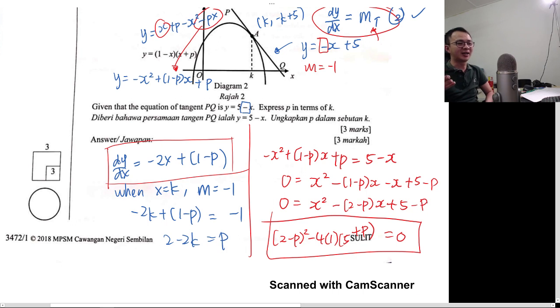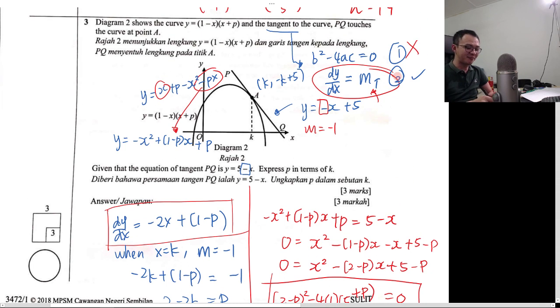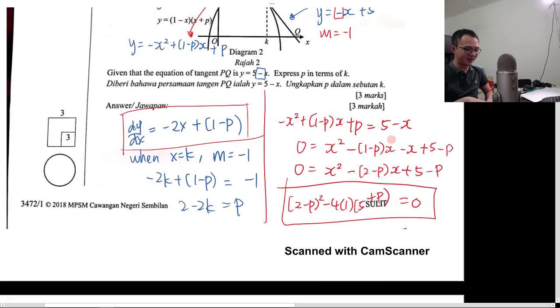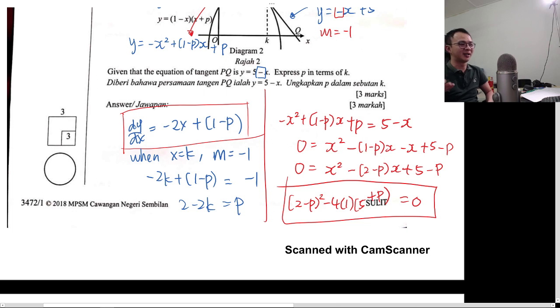But over here, I do not want the value of p. I'm trying to get p in terms of k. So I guess the second method here is easier to link between p and k. If you use the first method, you solve it and get a value of p, but this is not what we want. So in this case, I will just use the second method. Don't use this one.